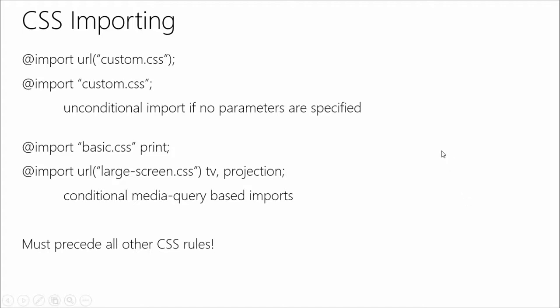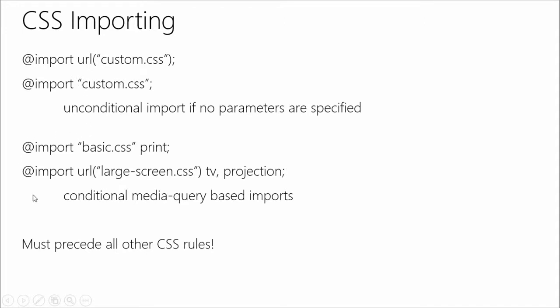And you can import them in a couple ways. You can import them using the URL function, or you can just do the straight string for their location. And these would just be unconditional imports because there are no parameters that we specified.